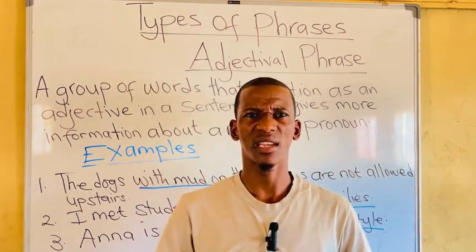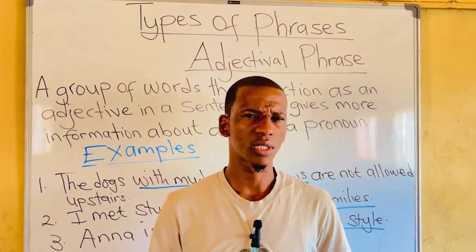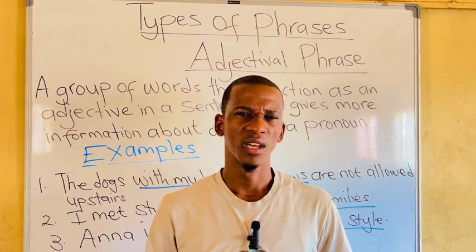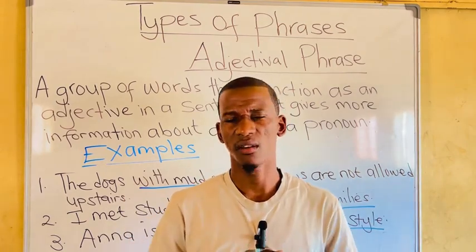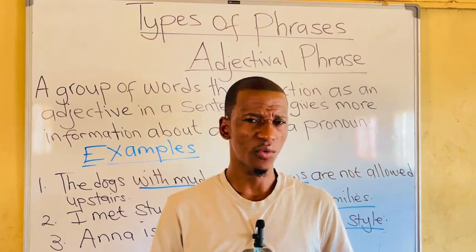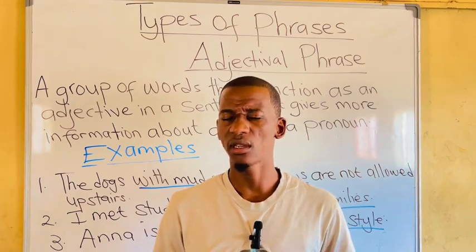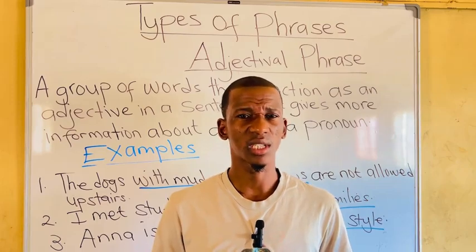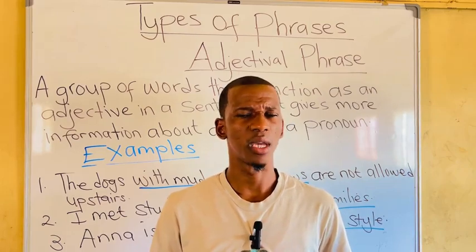Example in a sentence, if I say, I bought a red car. Now, if you look at this sentence here, there is an adjective which is red. The word red here is describing the car, which is a noun. So an adjective actually describes a noun or a pronoun.